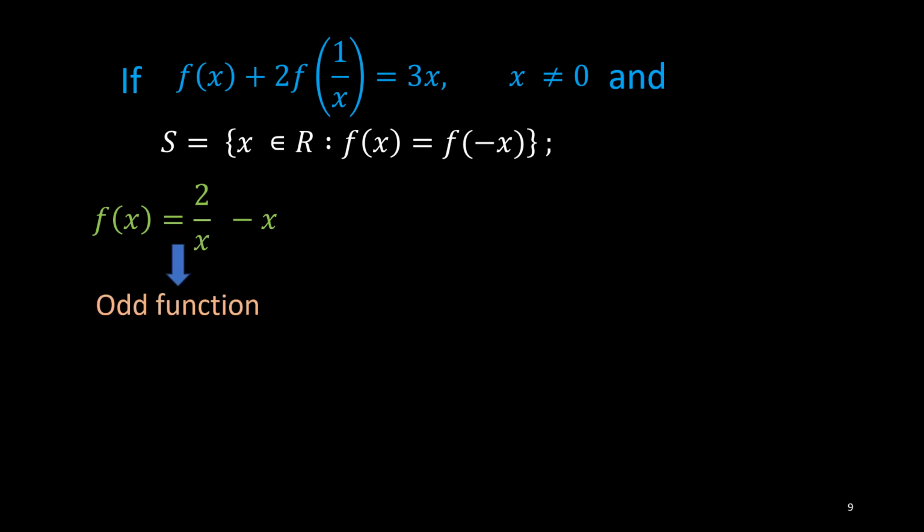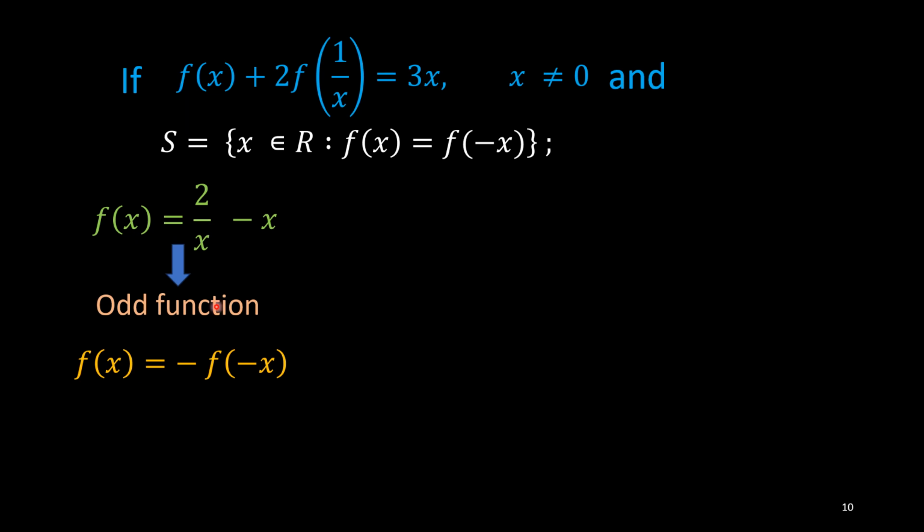What is an odd function? If f(-x) = -f(x), that means if you replace x by -x, its magnitude simply becomes the negative of the other one. Whatever magnitude you get on the positive side, you get exactly the negative of that on the negative side.